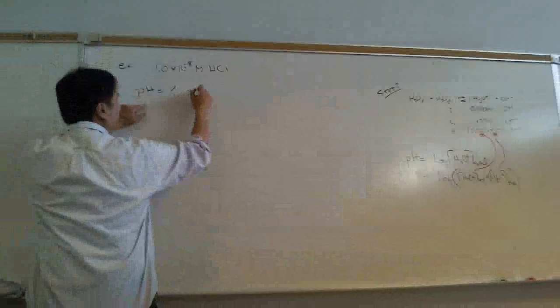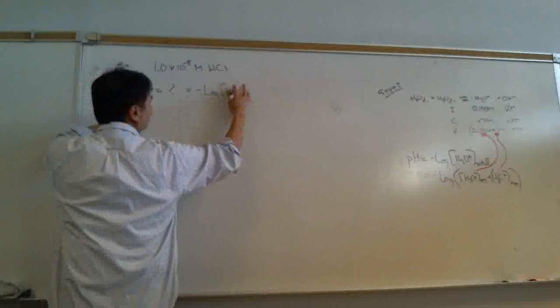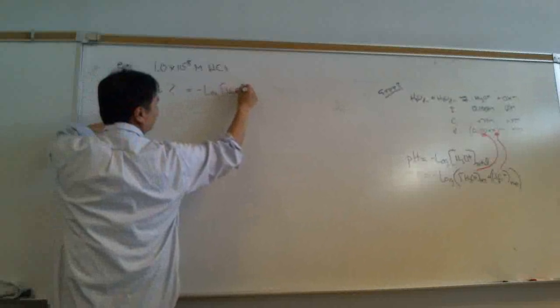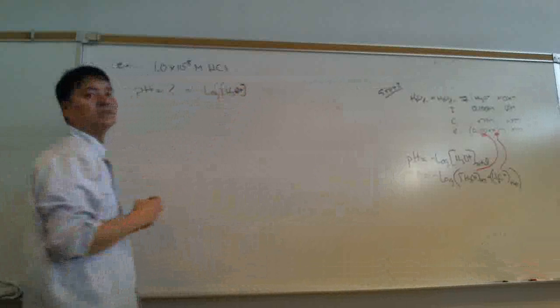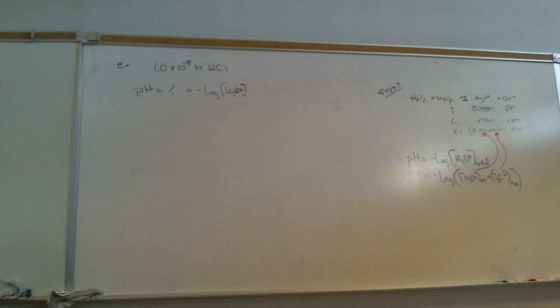Well, the pH is easy. pH is equal to the negative log of the hydronium ion concentration. So go ahead and figure out the hydronium ion concentration, and tell me what the pH of this is.